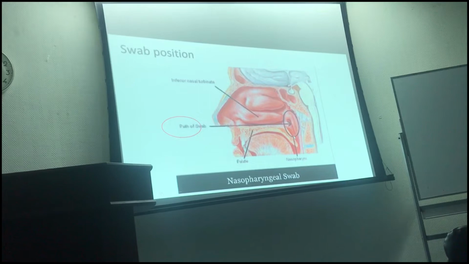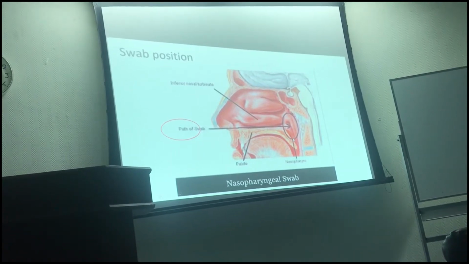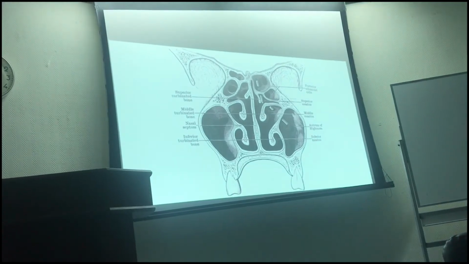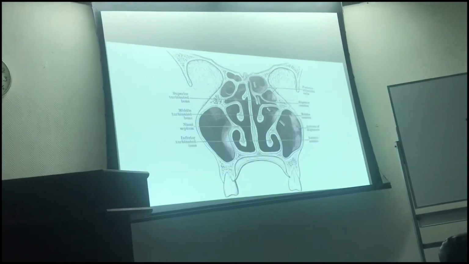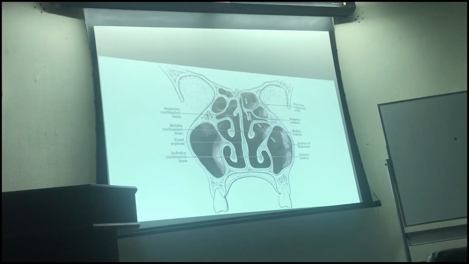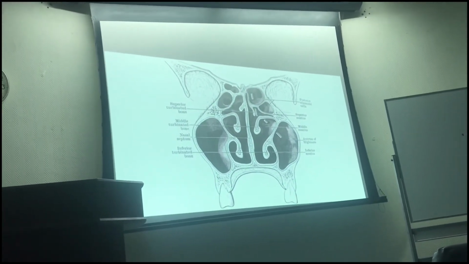Okay, so I will revise some anatomy just to make sure you can understand how you can do it, and it will be much clearer. Nostrils: each nostril leads to a separate nasal cavity.